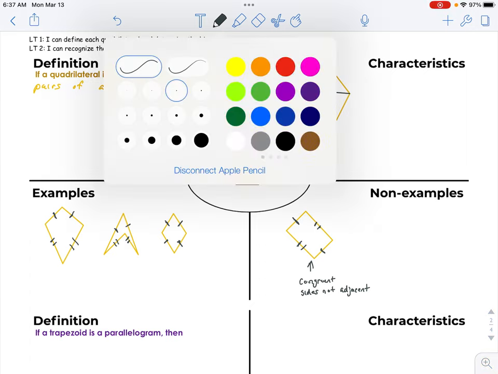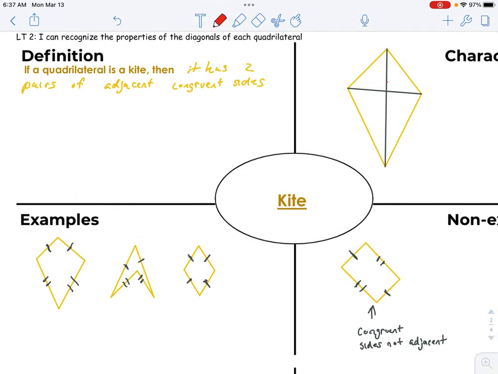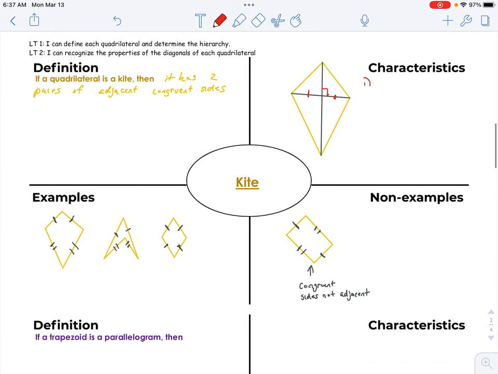Okay, if I drew this perfectly, all right, the diagonals: one perpendicular bisects the other. All right. So this is actually very powerful, because now if you look at this kite, you have 4 right triangles, so you can actually figure out a lot of stuff.